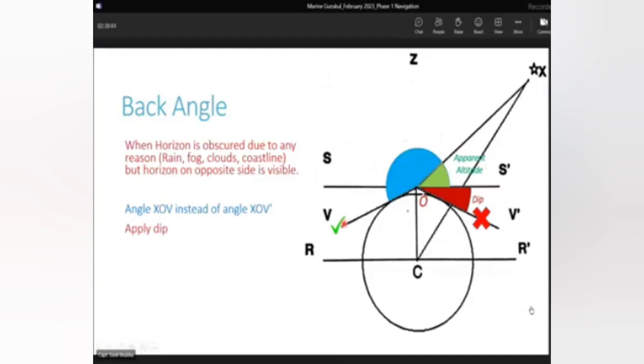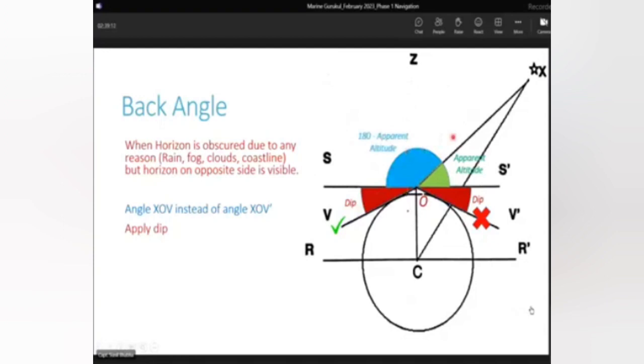So we get the dip correction and apply it to this blue angle. You can see the dip correction now represented by the maroon color angle. This is the dip correction applied to the horizon in the opposite, reciprocal direction. Once you apply the dip correction, the angle we have now obtained is this blue color angle.